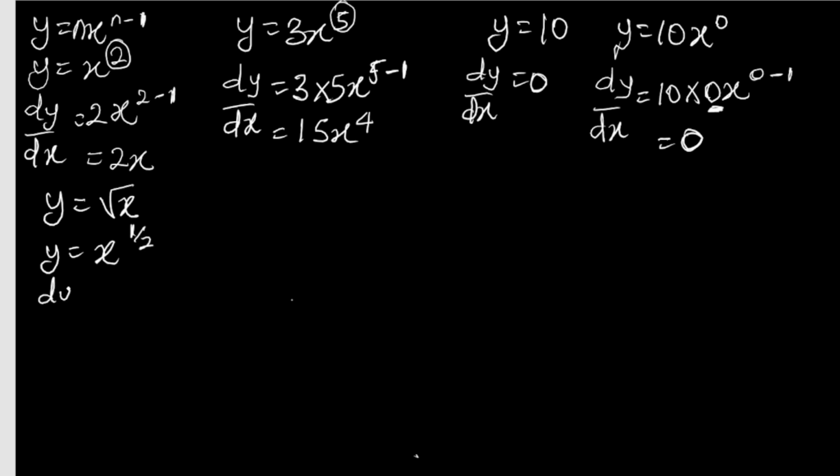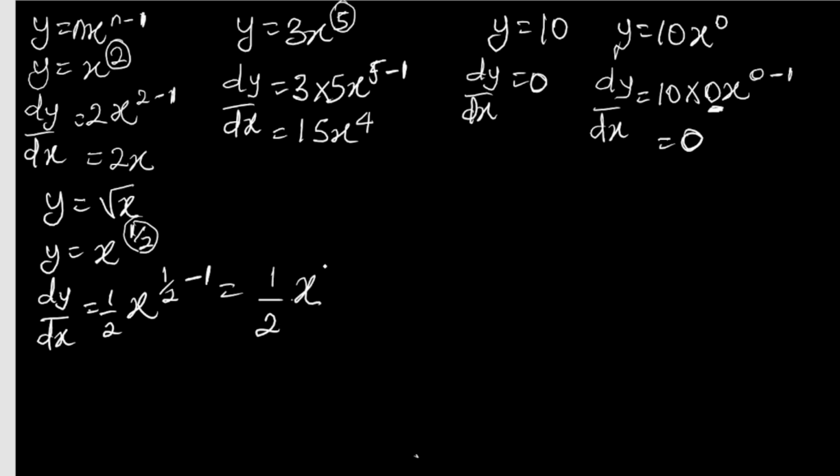Differentiating y with respect to x, we bring 1 over 2 down, then x raised to the power of 1 over 2 minus 1. So we have 1 over 2 x raised to the power of minus 1 over 2, because half minus 1 gives us negative half.